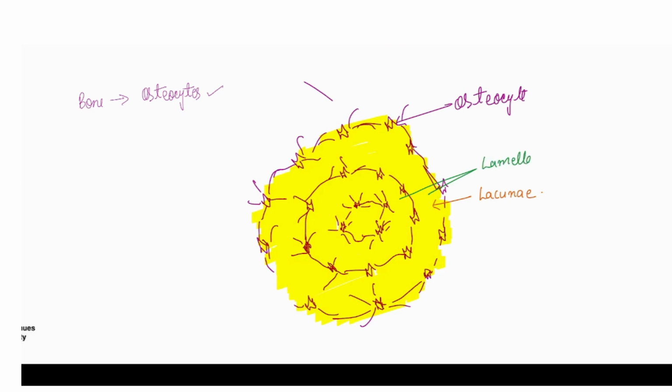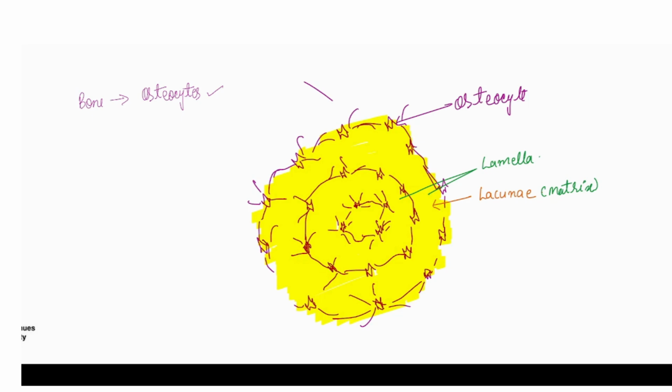So basically inside the lacuna, which is actually the matrix, or simply you can call it the ground substance, as I told you in the starting of the chapter about the connective tissue matrix.